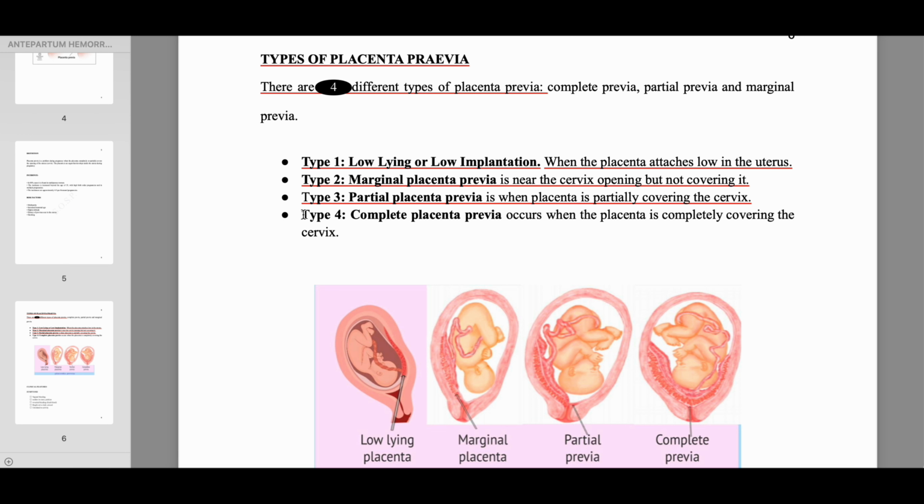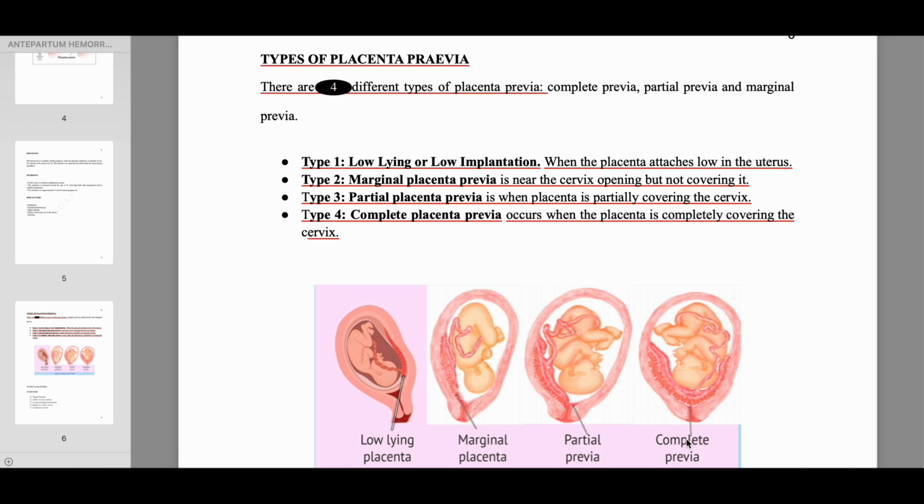Moving to the next type, type 4, complete placenta previa. It occurs when the placenta is completely covering the cervix. As you can see in this picture, this is the implantation of the placenta, and the placenta is fully covering the cervical opening in the lower segment of the uterus.